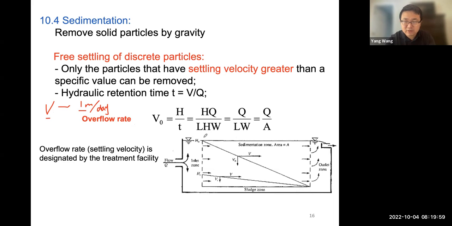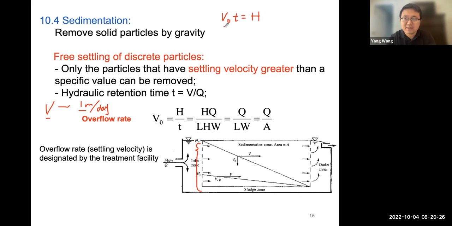This vertical velocity, multiplied by the residence time of the water in the tank, is equal to the total height of the tank. So V naught multiplied by T gives H, the height of the tank.